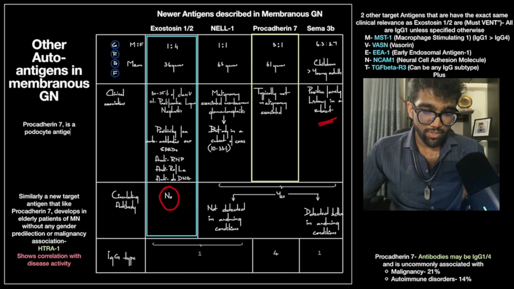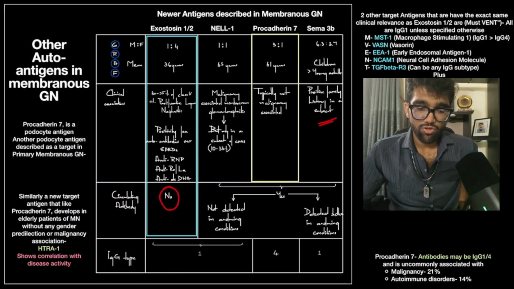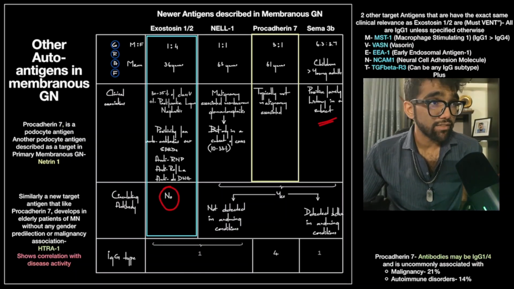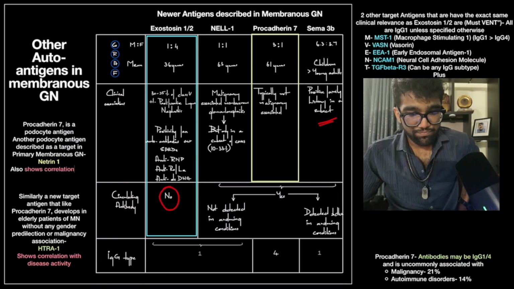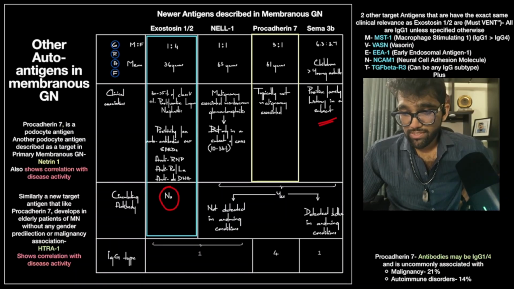Now, procalcitonin 7 is a podocyte antigen. Now, another podocyte antigen that has also been described in primary GN is Netrin G1. The name is a little unusual, so I think you'll be able to recall this. So this is a very high yield table, okay, and it's something that you need to be aware of. Okay. Now, again, Netrin1 also shows correlation with disease activity.